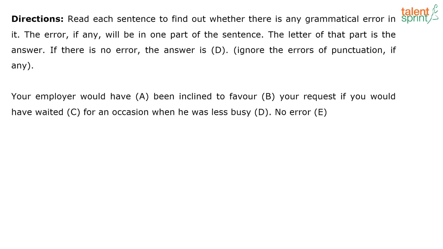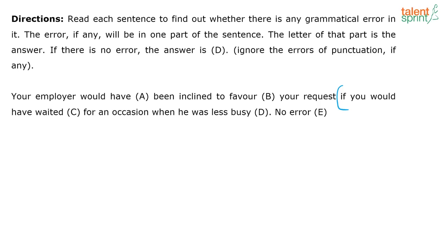So basically, in this context, they've just shifted the part, right? Because if starts here. If you would have waited for an occasion when he was less busy, your employer would have been inclined to favor your request. So what's happened here is that they've shifted the first and the second clause.